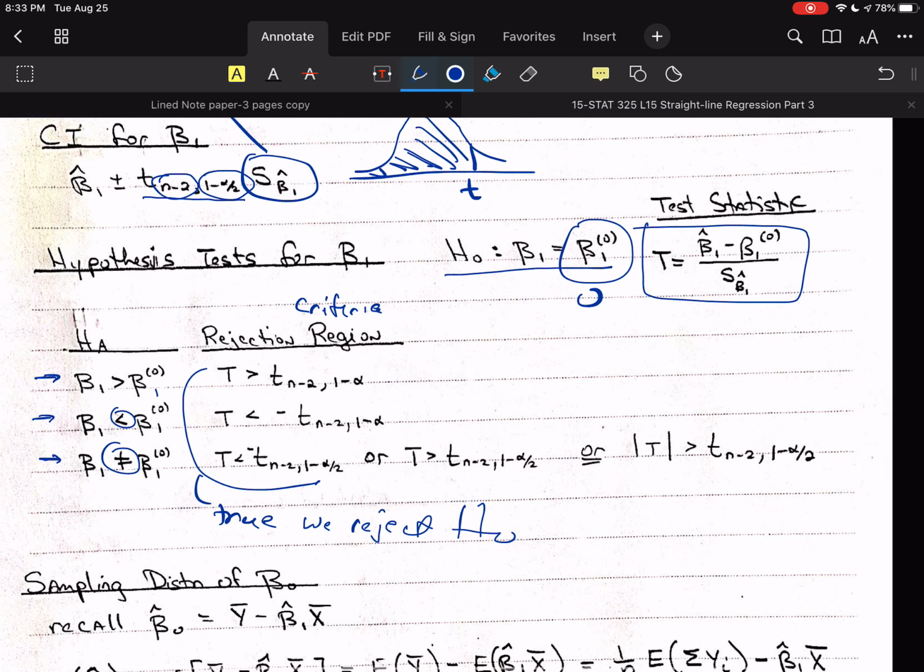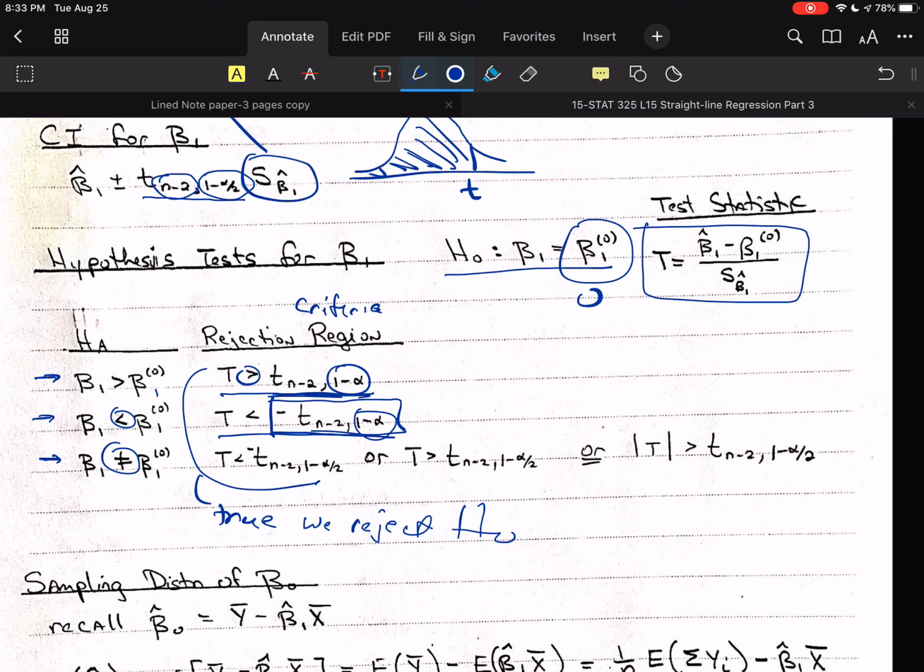And so if our test statistic is greater than this value, we'll reject. If it's less than the negative of that value, notice this is 1 minus alpha, not 1 minus alpha over 2. So if it's greater than this value here, then we'll reject. Or if we're doing the less than, if it's less than the negative of this value, then we'll reject.